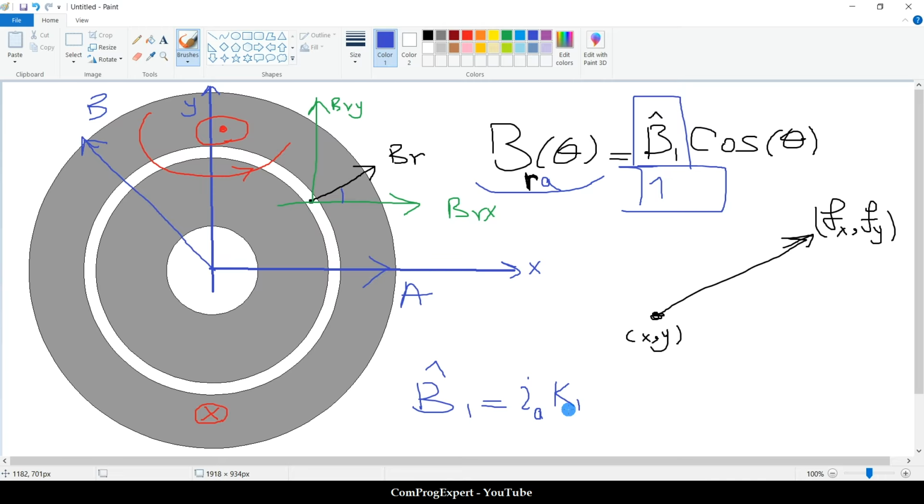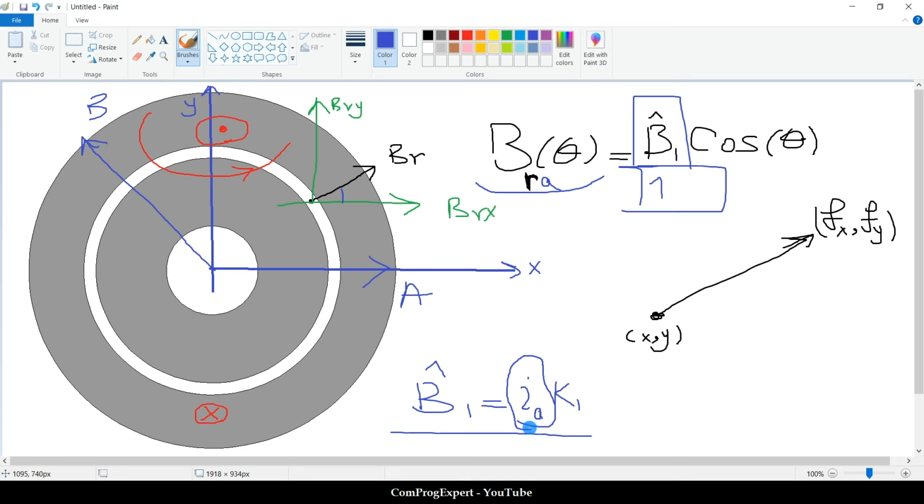I write K1 here. So in the case of considering linear permeability assumptions that we have, you know that in general the field generated by the phase A in the air gap is a nonlinear function of the current.